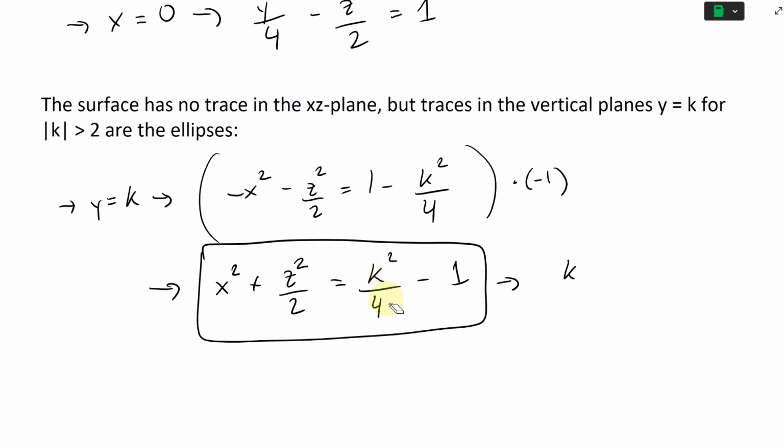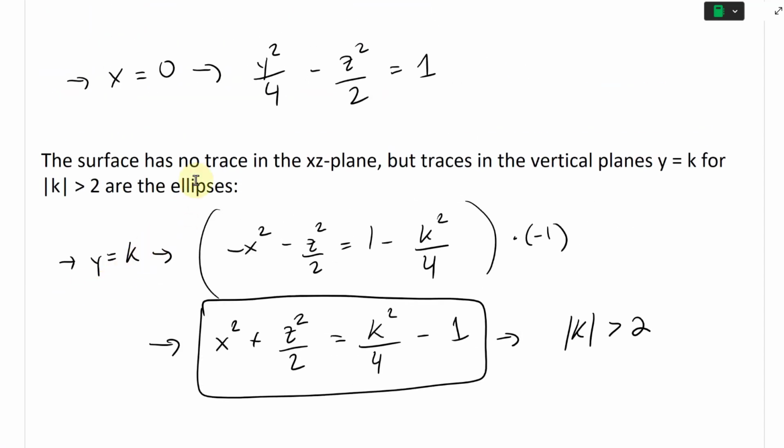The absolute value of k has to be greater than 2. And if k equals 2, the right side is going to be 0, we're going to have a point and so on, and that's going to be trivial, so we'll just ignore that. And so there's no trace in the xz plane.